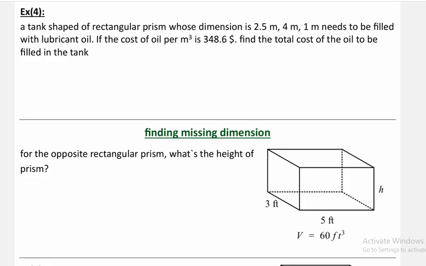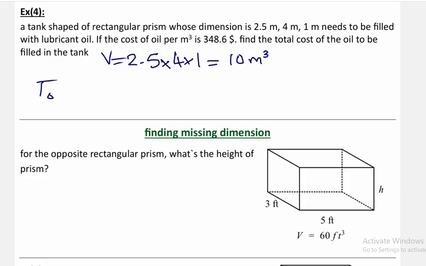So first we need to calculate the volume of the tank, which is V equals 2.5 times 4 times 10 times 1. 2.5 times 4 is 10. 10 times 1 is 10. 10 meter cube. Then we have 10 meter cube of oil. Each 1 meter cube of oil has a cost of $348.6.